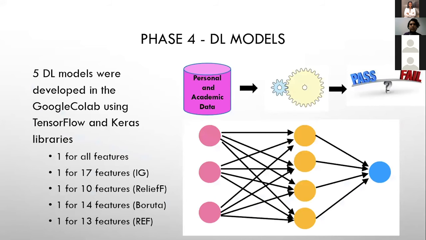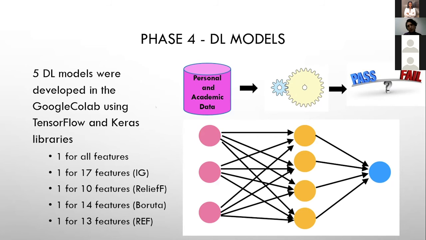Phase 4 basically was the deep learning models. Then we created 5 deep learning models, in Google Colab, using the TensorFlow and Keras libraries.